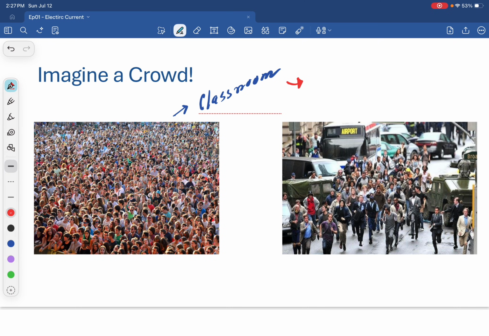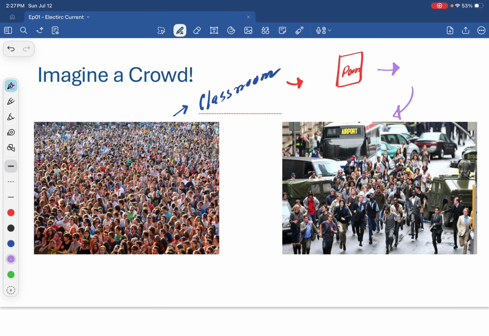What happens when the door is open? The students come through the door to the outside because the school is over. That is what we call the flow of students.